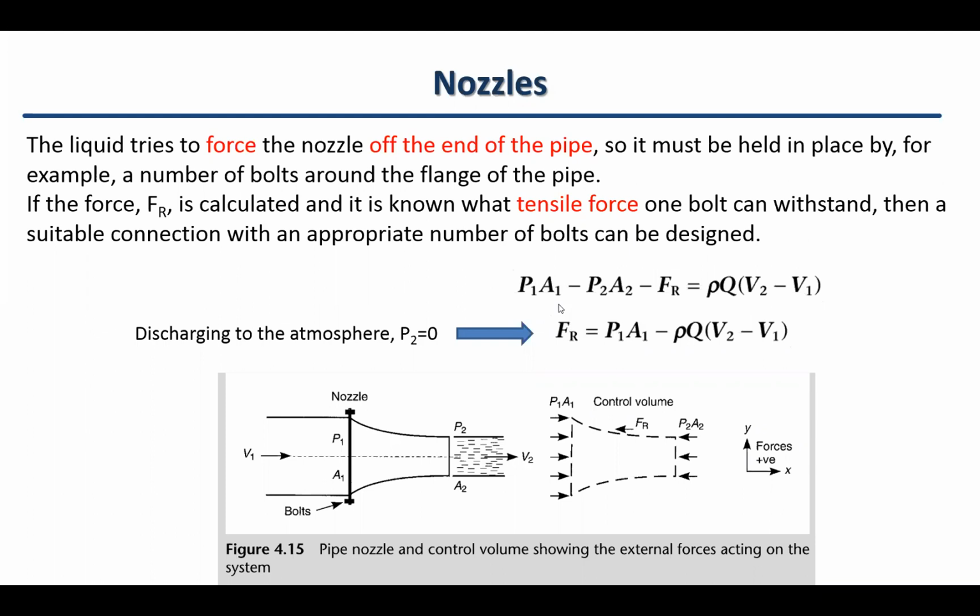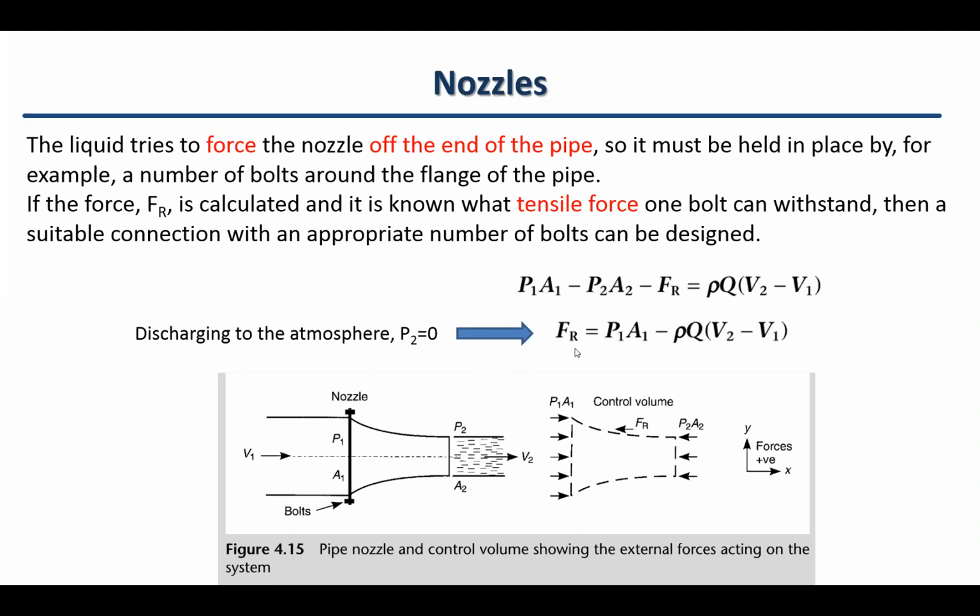If you rearrange the formula, we can calculate FR. Before doing that, note that these are the pressures inside the pipe, in the flow. But outside, at the control volume, P2 is the atmospheric pressure, and we know the atmospheric pressure is 0. So you can cancel out the P2 A2 term.